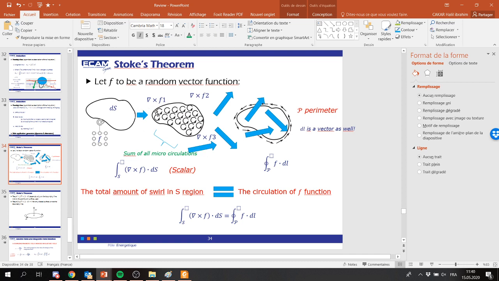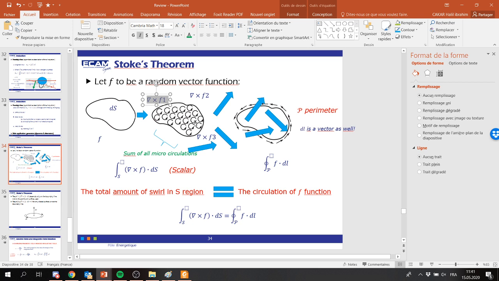So, in the earlier classes, we said that in order to calculate the variation of the water flow in such a river, you have to apply the cross product with the del operator, my dear friends. We have to calculate the curl of the function in order to calculate these rotations or movements of the water in every dimension, x, y, z.